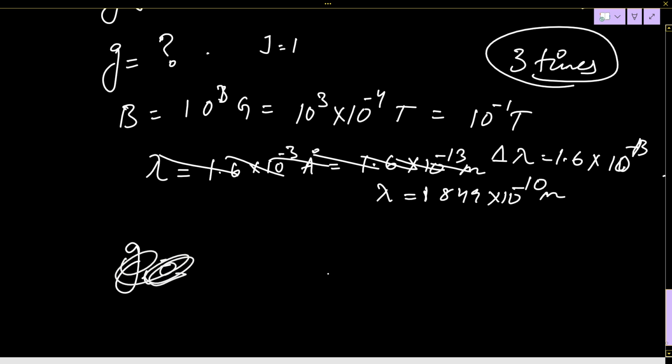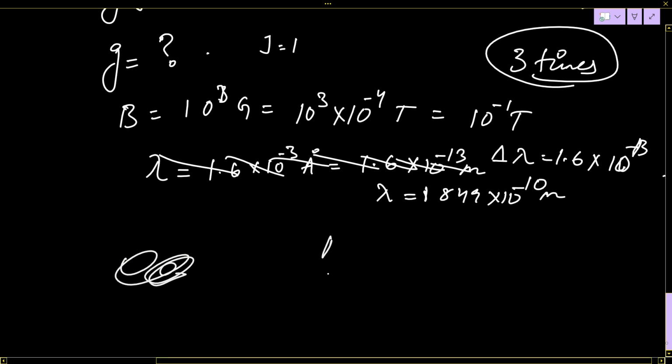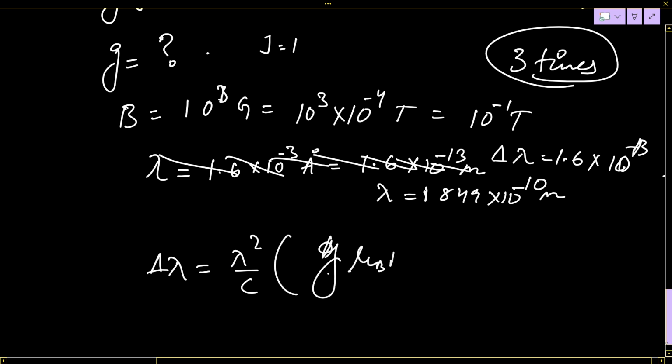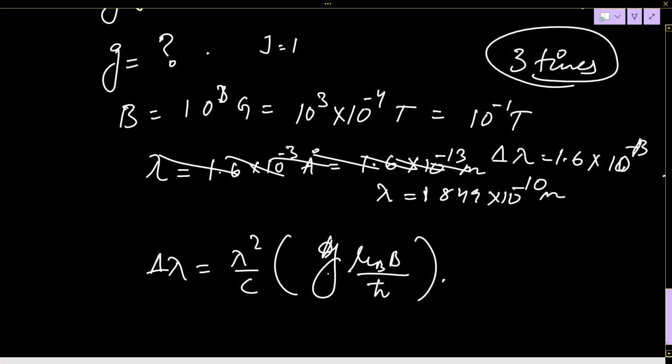Tell me. Del lambda is equal to lambda square by c into G mu b B by h. Okay. This is the formula for del lambda. You can ask me how. How did it come?